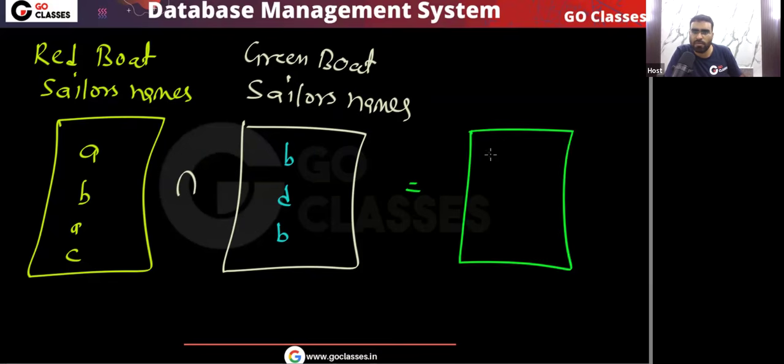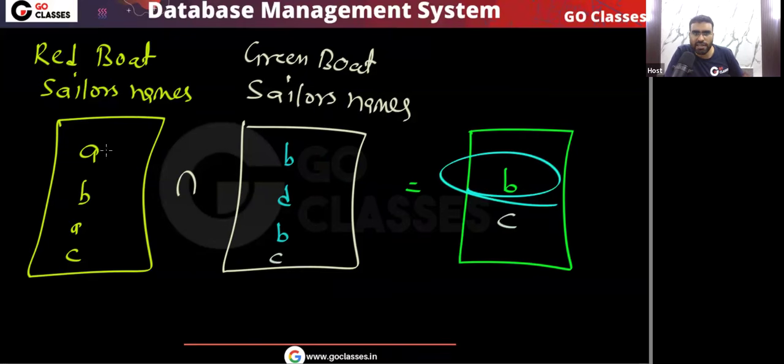So where is the problem? If I take their intersection, these are the people who are booking red bot, these are the people who are booking green bot. I will get the names of those people who are booking red and green.